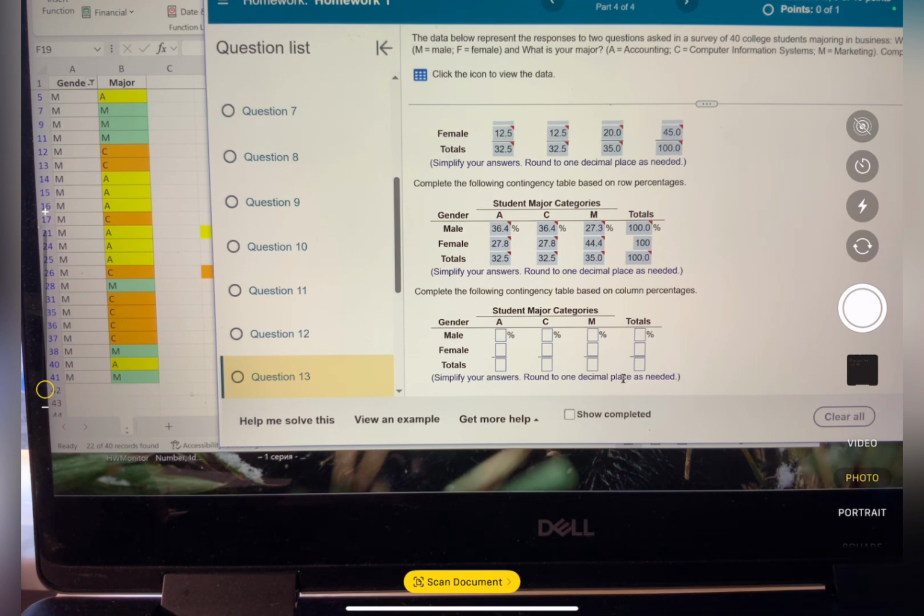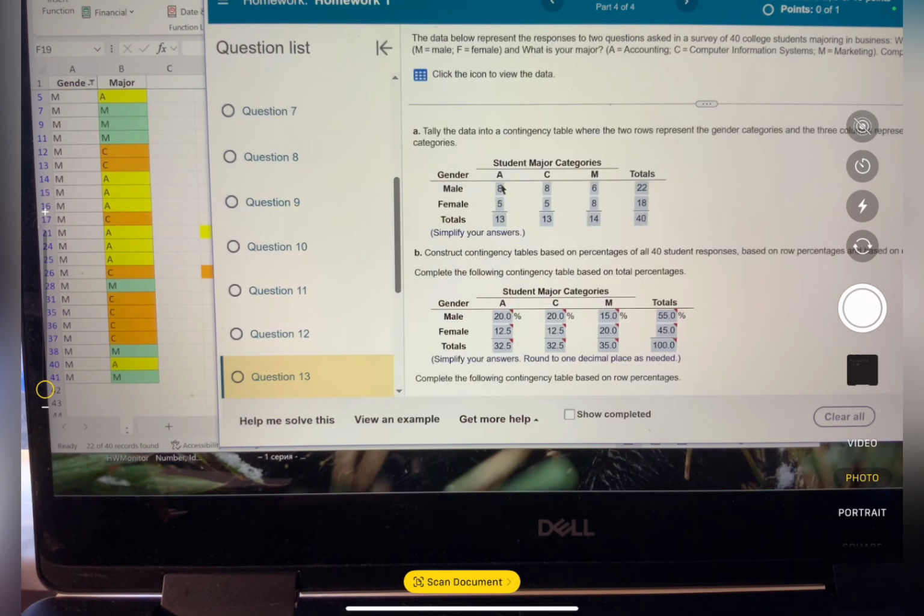So let's see, we have males. Let's round male. Now I'm going to divide here by male. It says it's based on column percentage. Column percentage meaning 8 divided by 13, 5 by 13. So we're going to find out the percent of marketing between male and female total.